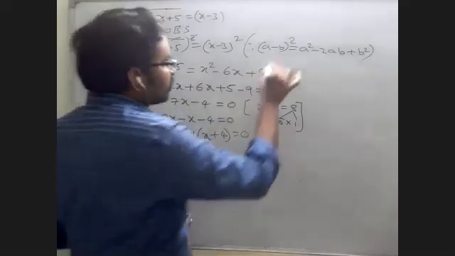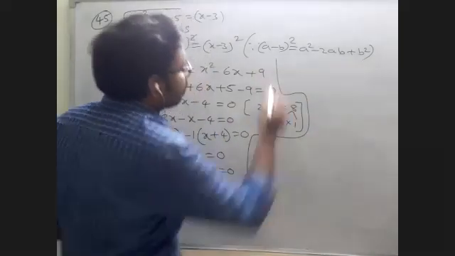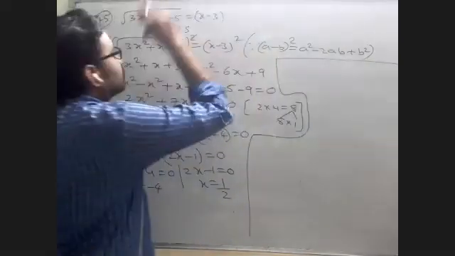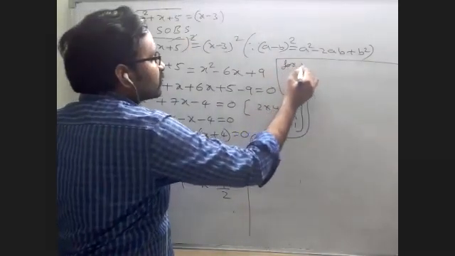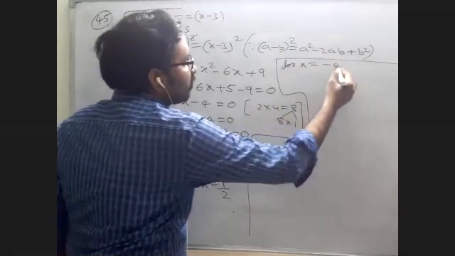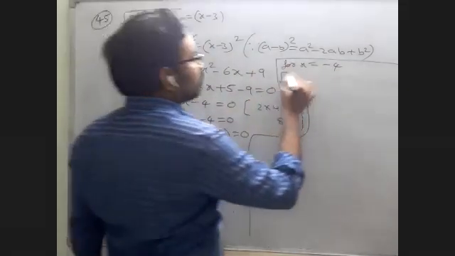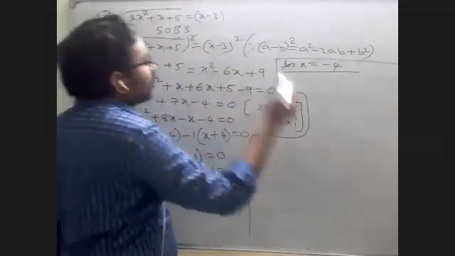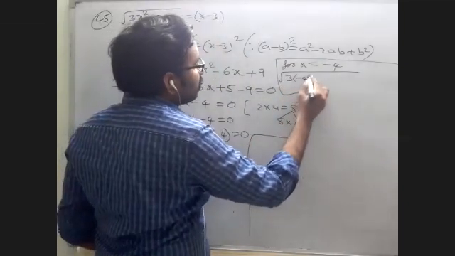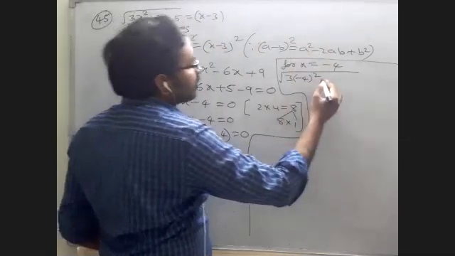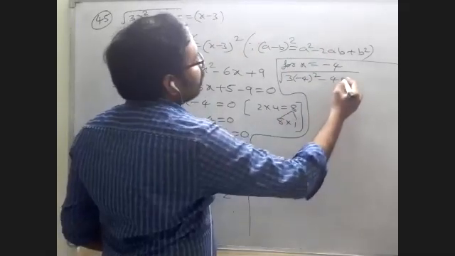For that we have to substitute in the quadratic equation which is under the root. For the first value, x equal to minus 4, we substitute minus 4: root over 3 into minus 4 whole square plus x, that is minus 4, plus 5.